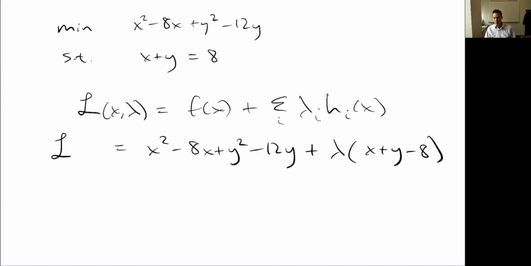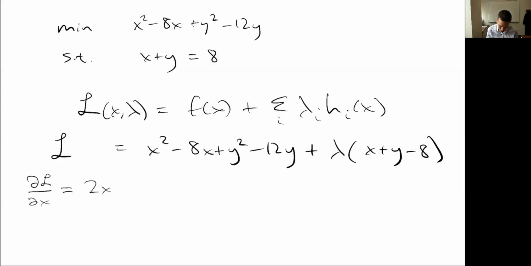And so we do what we've normally done in calculus to find a minimum or extremum. We take derivatives and set them equal to 0. In this case, we have 3 partial derivatives, with respect to x, y, and lambda. That will give us 3 equations and 3 unknowns. So we'll take the partial of L with respect to x.